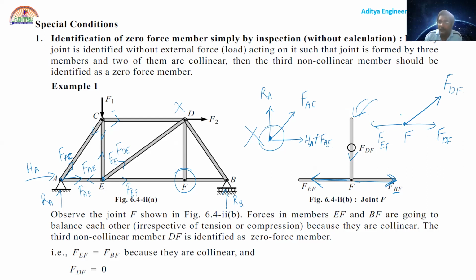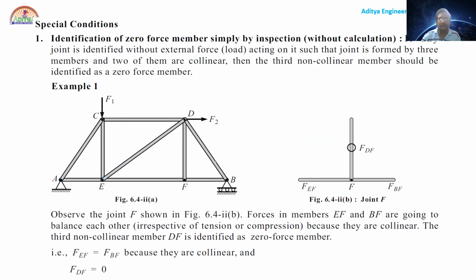So these two are collinear, so they are okay. What about the third one? There is no force induced in it. So without any calculation, you conclude the force in the member DF is 0. Is it clear?